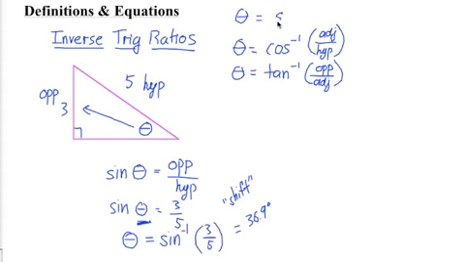We'll throw in sine here to be complete. The inverse of sine looks like this. Remember that the sine of theta is opposite over hypotenuse, so the inverse sine is this expression. And now if I'm given any two sides of a right triangle, I can find the missing angles. And once I know theta, I can quickly find phi by subtracting theta from 90.